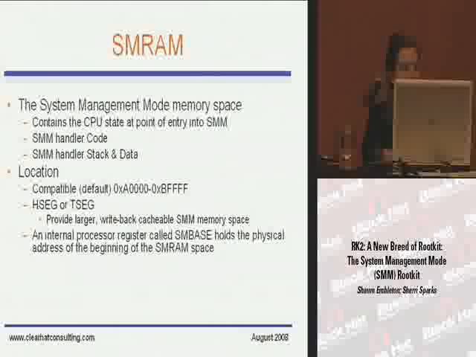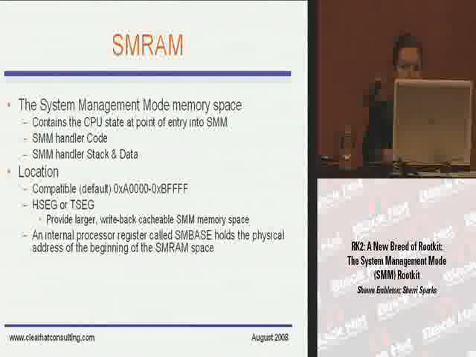These include the compatible location, which is also the default, located from A0000 up to BFFFF. This location, incidentally, is also the legacy video range. Two additional locations are the HSEG and the TSEG locations, which are designed to provide a larger write-back cacheable memory space for SMM.